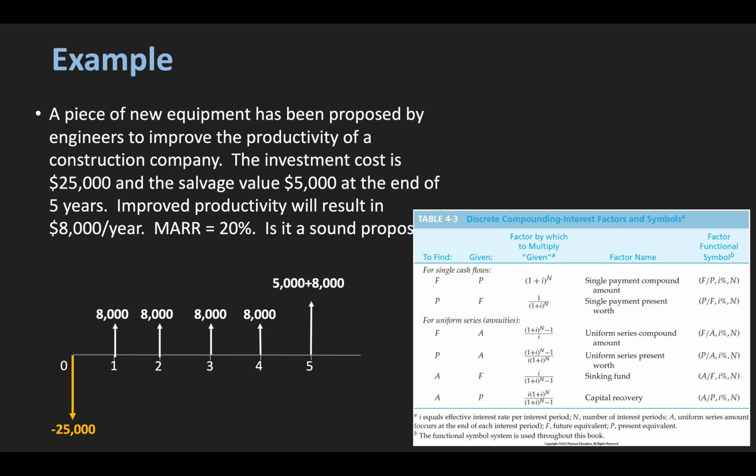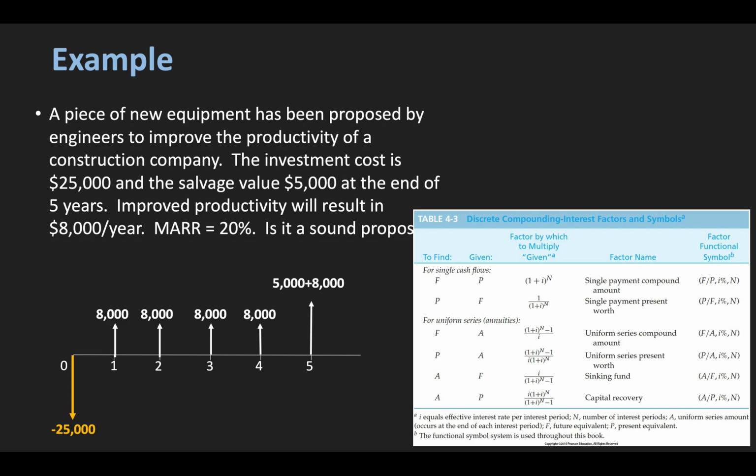Let's assume your MARR equals 20%. Again, here MARR means it needs to be at least this high, right? This means if you don't do this, you bring the $25,000 to invest, maybe to open up another small factory or invest in new technology that will give you 20% interest annually, right?